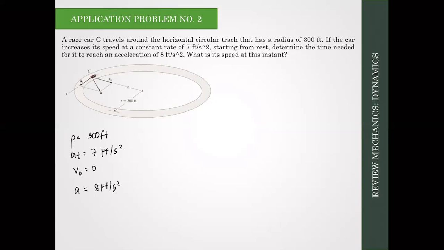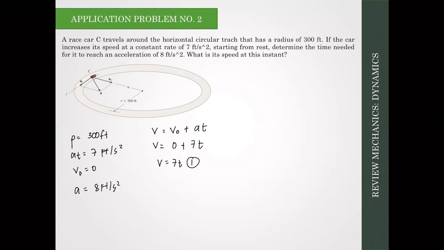So, kung may constant acceleration tayo, pwede natin gamitin yung formula natin again na V is equals to V sub 0 plus AT. And then, hindi natin alam yung V. Si V sub 0 is 0 plus ang acceleration natin, tangential is 7. So, T. So, meron tayong formula na 7T yung velocity hinahanap natin.